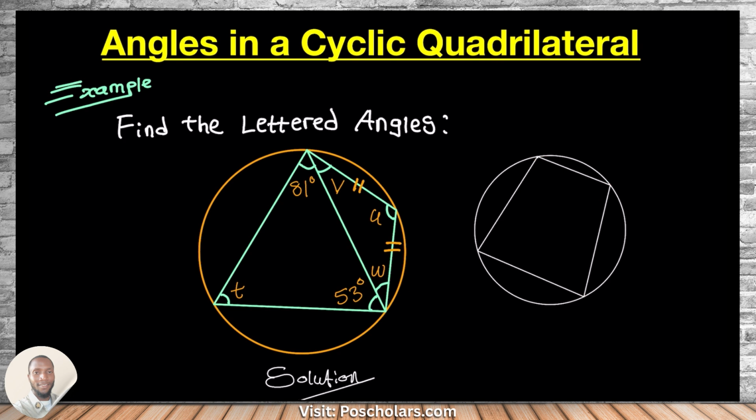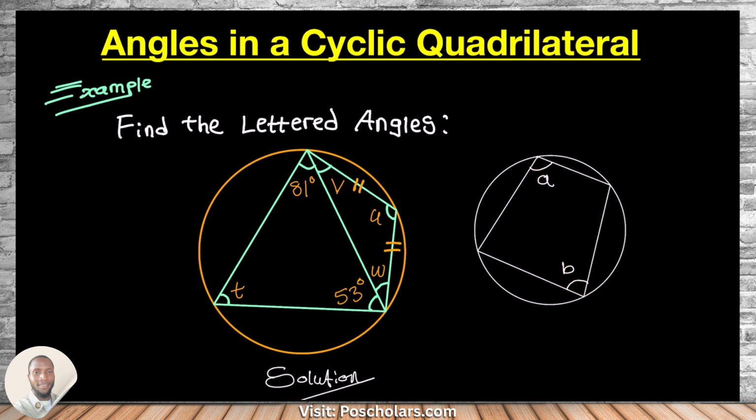Now, the theorem says if this angle has the value of A and this angle has the value of what? B. Cyclic quadrilateral says opposite angles are supplementary. You can see this angle is facing this angle. Supplementary means angles that add up to 180 degrees.